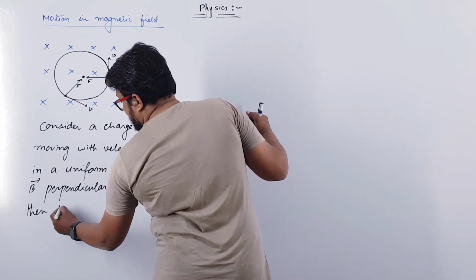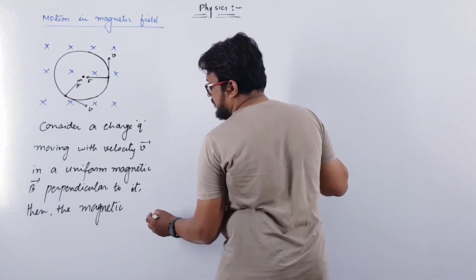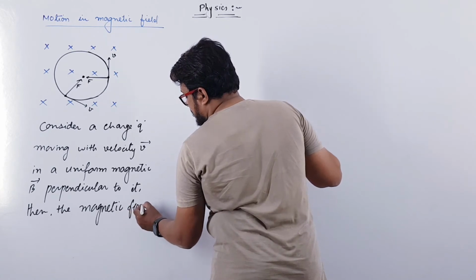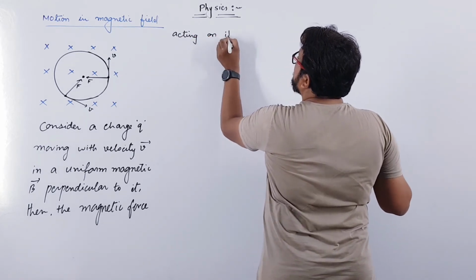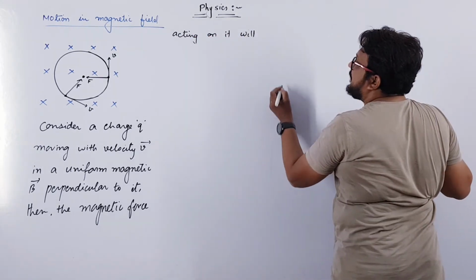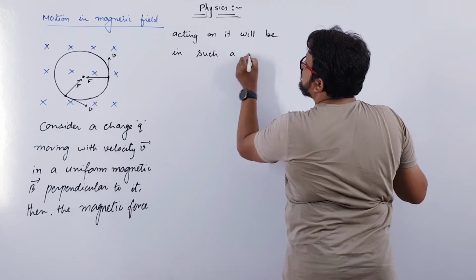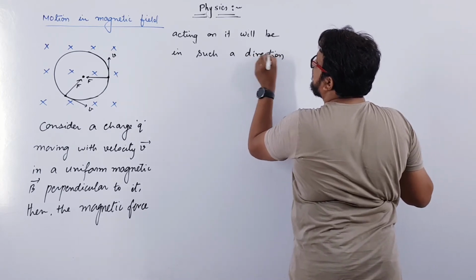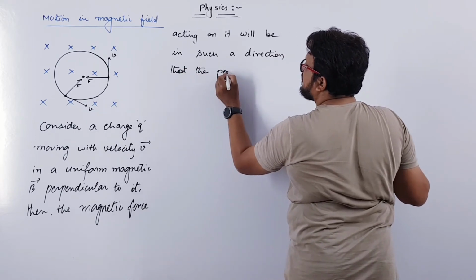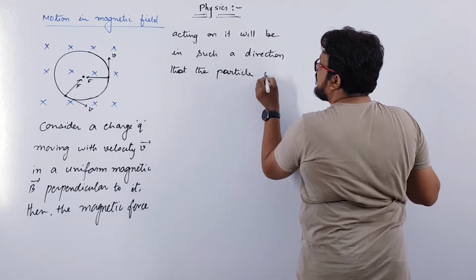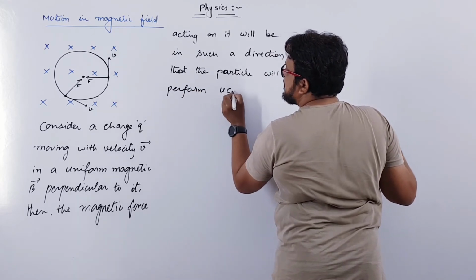Then the magnetic force acting on it will be in such a direction that the particle will perform uniform circular motion, UCM.